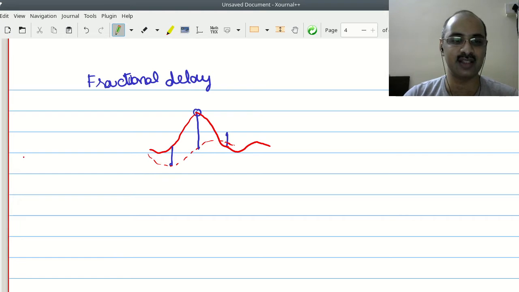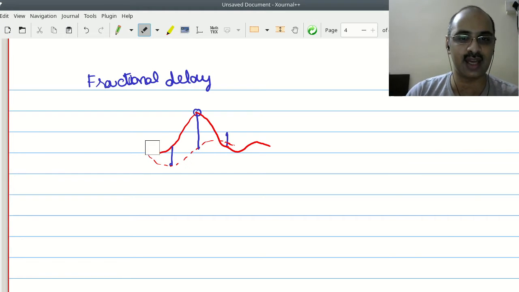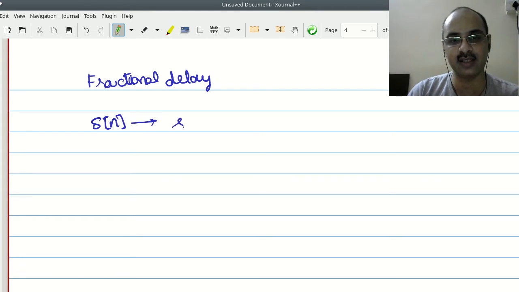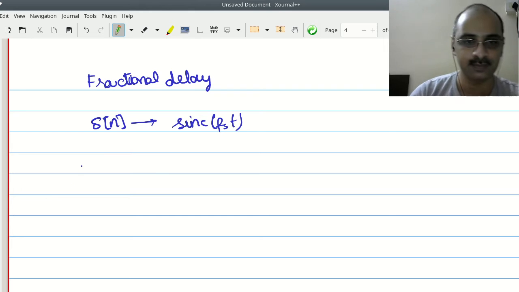So given that this is the case, one nice way to characterize this relationship is to say that if you have the signal delta[n], that directly yields something like sinc of t. Okay, sinc of Fs t, technically modulo scaling, there needs to be a scaling, but I am ignoring that.